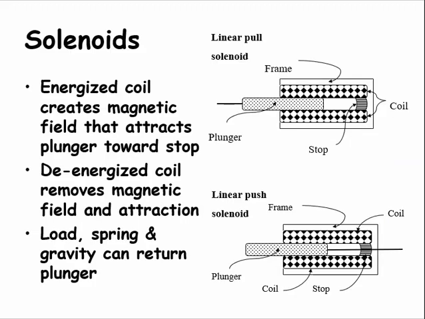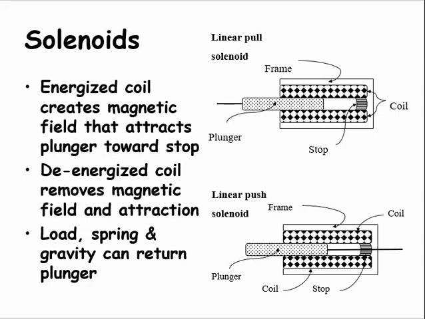Solenoids have a coil, plunger, and the stop with a frame. The coil can be electrically energized or de-energized. When the coil is energized, it creates a magnetic field that attracts the plunger and pushes the plunger and anything attached to the plunger towards the stop.